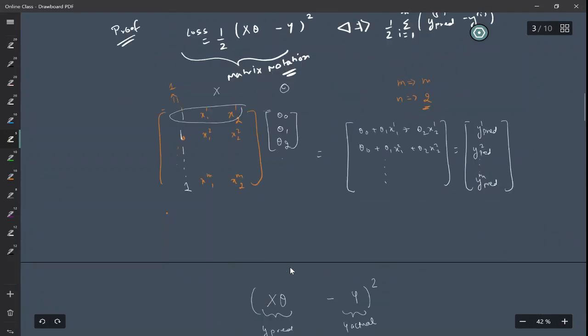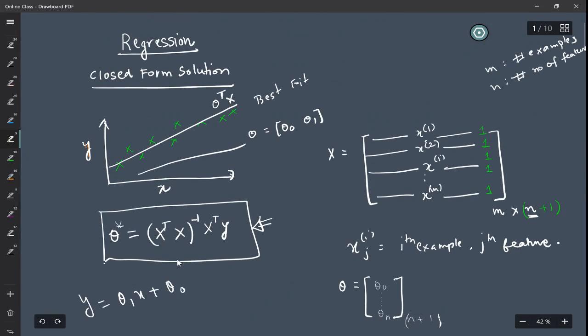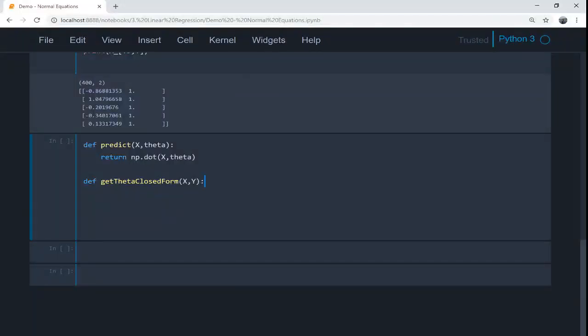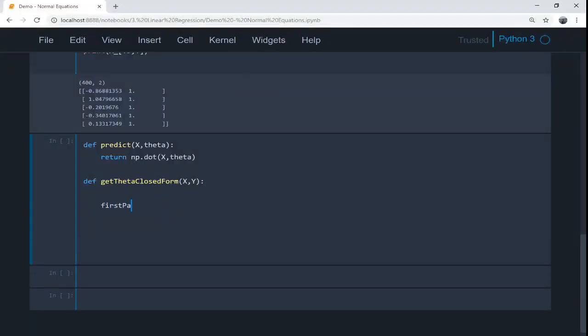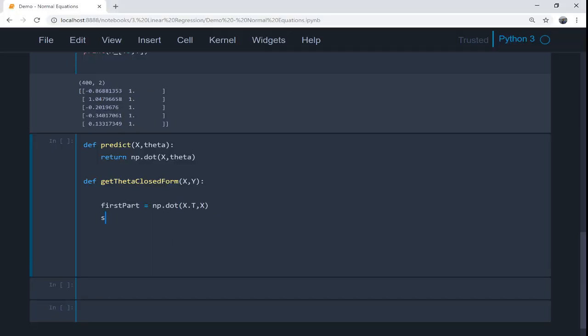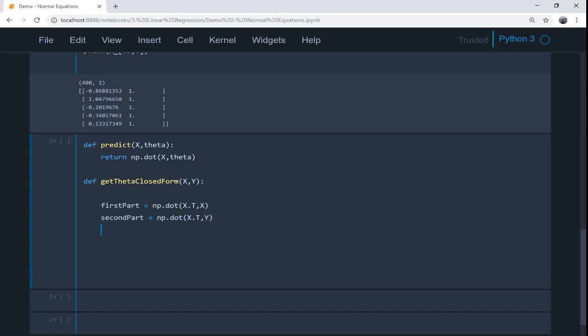So the formula that we derived is this: x transpose x inverse, right? So I'm going to say this is my first part and this is my second part. So I'm going to compute these two terms here. So the first part is going to be a dot product between x transpose and x, and the second part is going to be a dot product between x transpose and y, right?